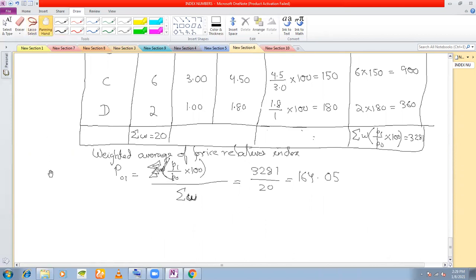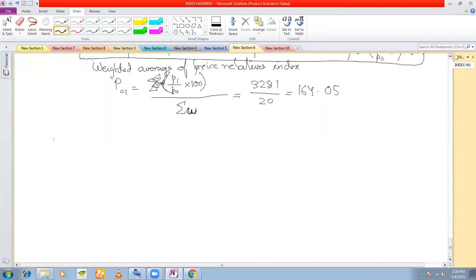Let us see another problem, but this time this is a little different. And before that, I just mention the formula because this formula is related to this formula.